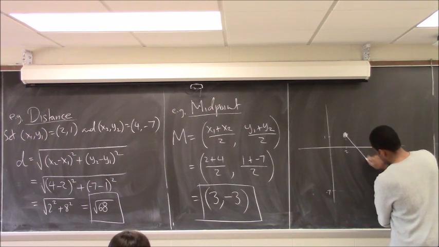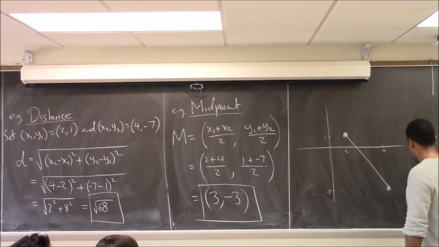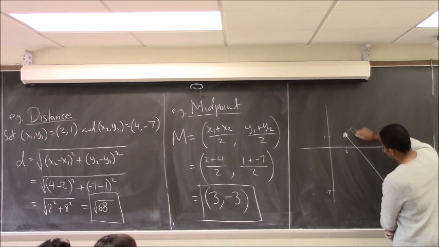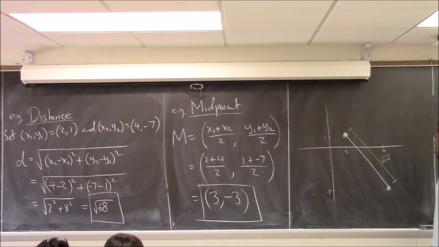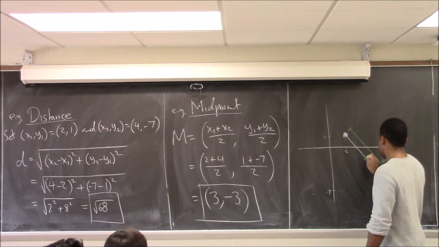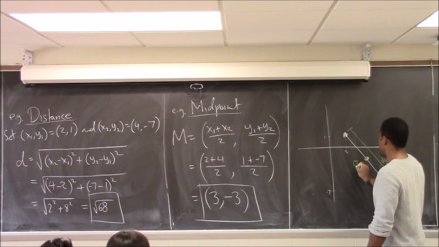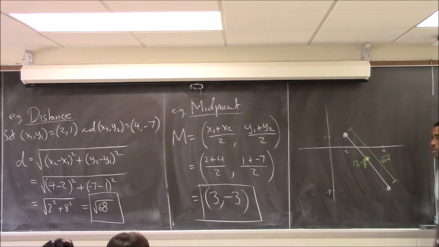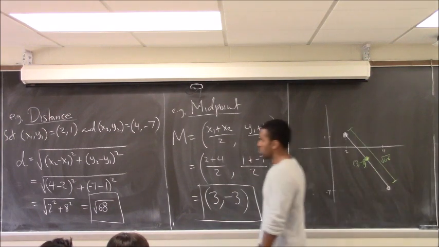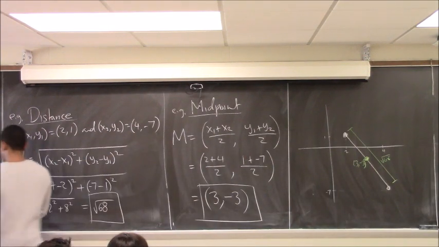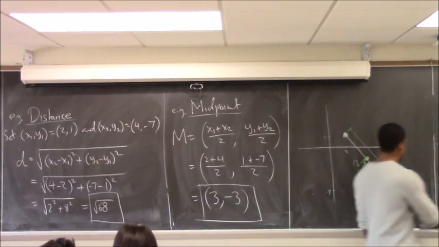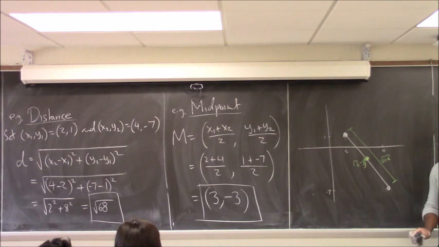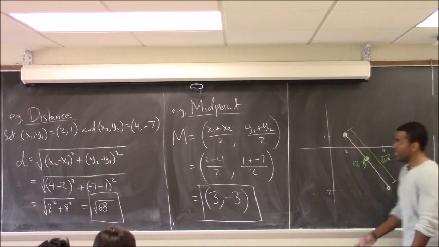Then connecting those with a line, the length of that line is going to be radical 68 units. And the point smack dab in the middle is going to be 3, -3. And we have that by Pythagoras system. Questions so far? Good, we've all seen this, right?